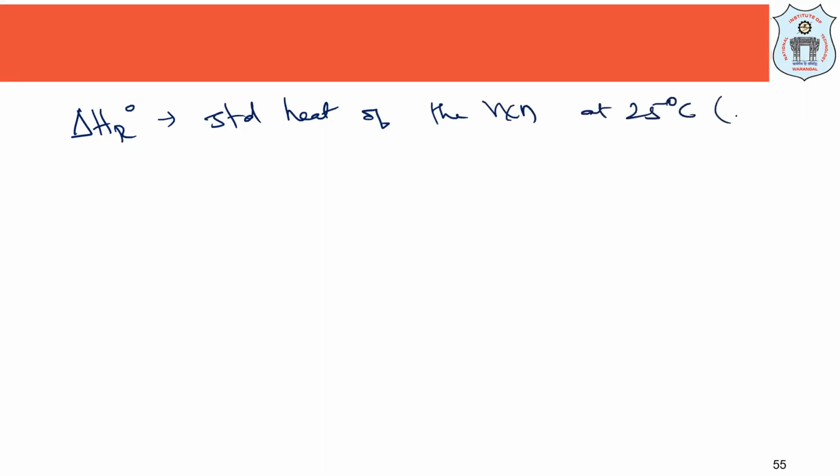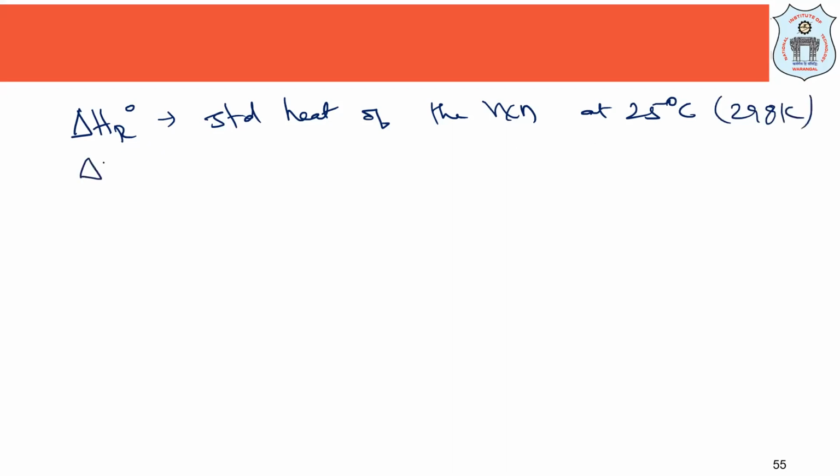So delta HR naught, what is that? This is the standard heat of the reaction at 25 degrees Celsius, that is 298 Kelvin.